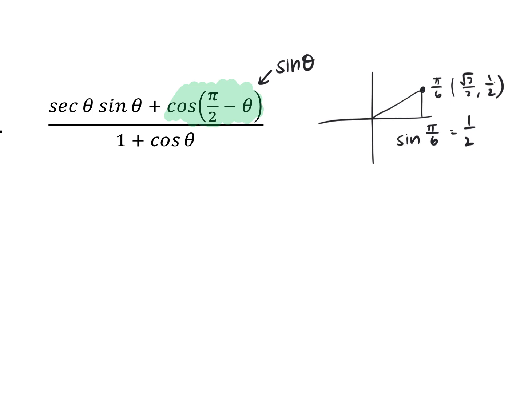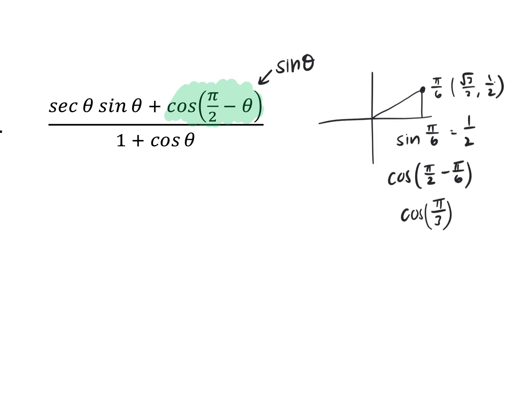If I plug it into my formula, cosine of pi over 2 minus pi over 6, if I simplify that, pi over 2 minus pi over 6, what does that give me? That'd be like 3 pi over 6 minus pi over 6. So that'd be 2 pi over 6, which is pi over 3.